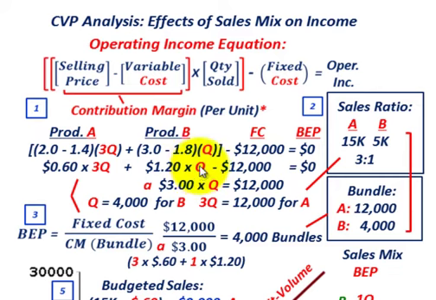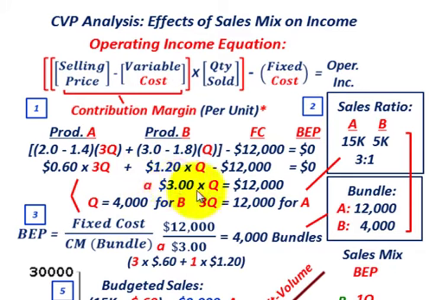We move our $12,000 over to this side of the equation. Let's see how we got that Q, just so you understand what's going on. It's the total contribution margin for both products we're selling. So 3 times the 60 cents gives us $1.80, plus 1Q times $1.20.